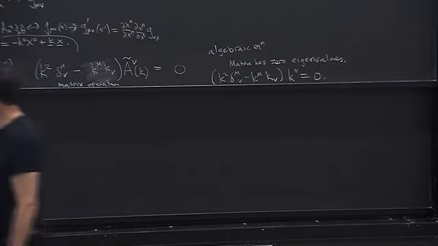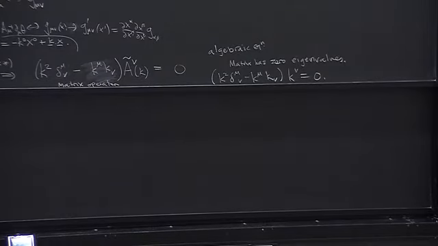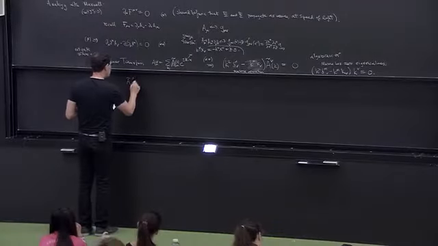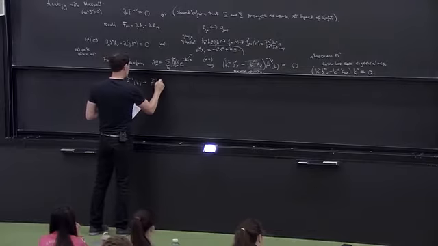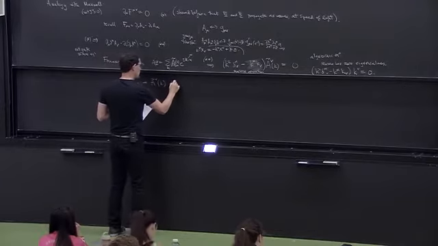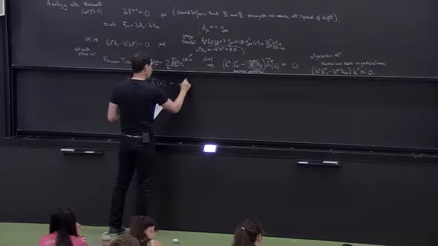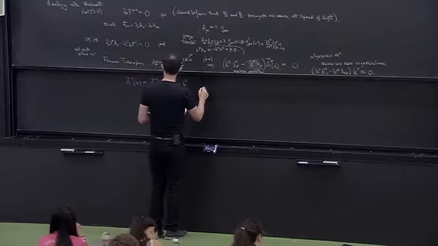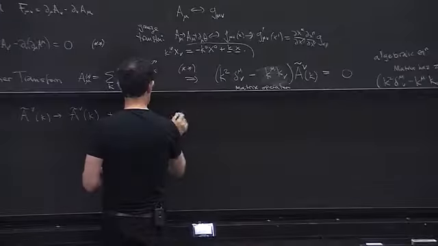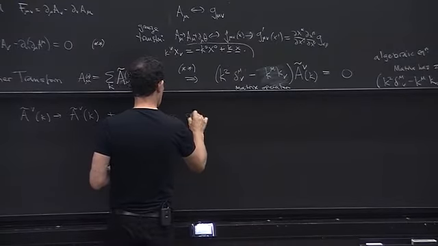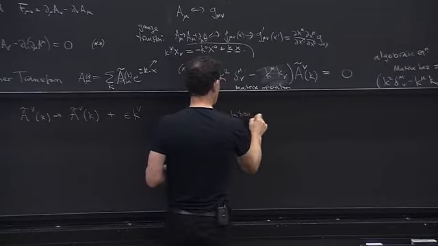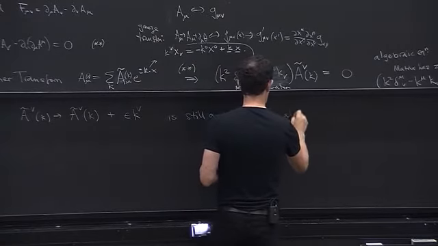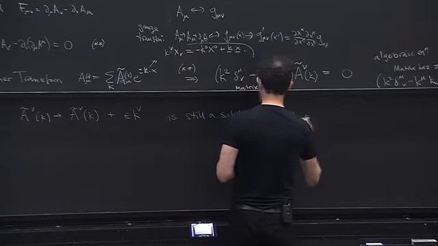So that tells us that if A nu twiddle of k goes to A nu twiddle of k plus epsilon k nu, then this is still a solution, for all epsilon.